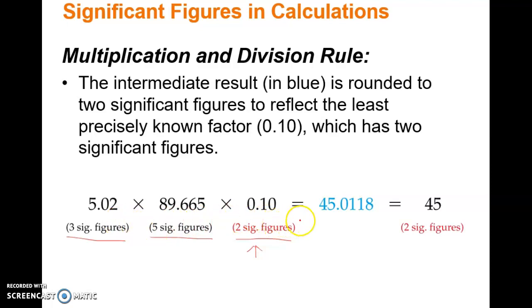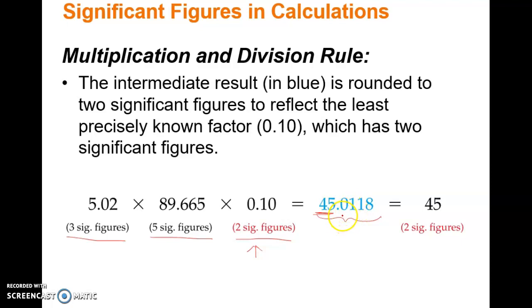So when you multiply all of these together, what pops out into your calculator is this whole number here. But because our weakest value only had 2 significant figures, we know that it's this number here. We do have to see if we need to round it. This goes back to our rules for rounding on the previous page.